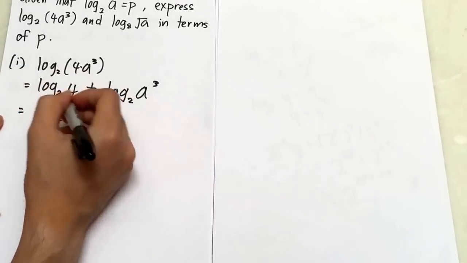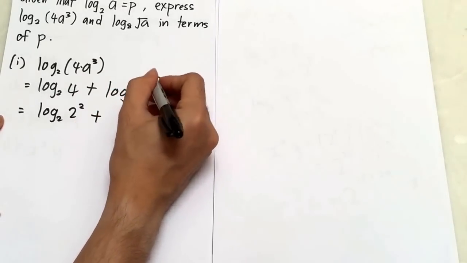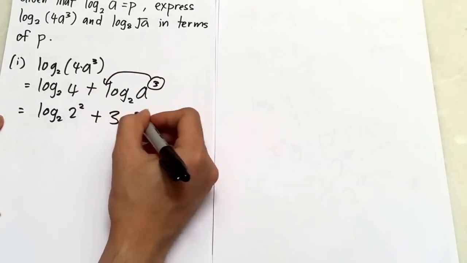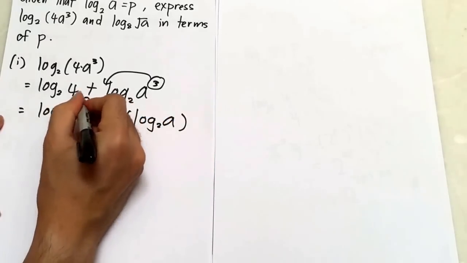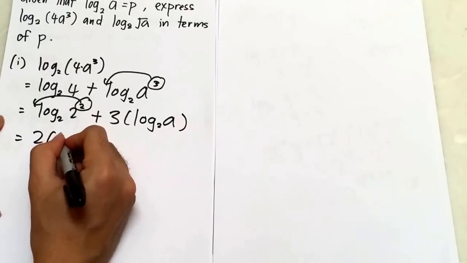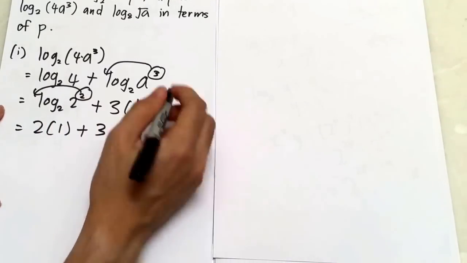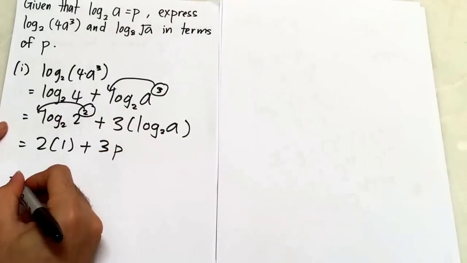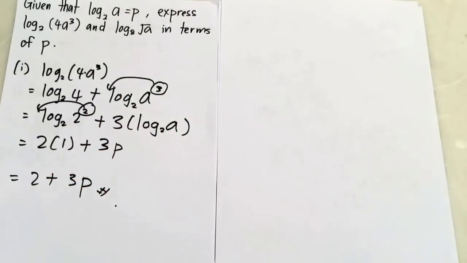Actually I know the whole thing will equal 2, but just to show you more steps. And for this one, the log rule tells us the power we can move in front. This is 3 log 2a. Power you can move in front, isn't it? So this is 2 log 2 equals 1, plus 3 log 2a equals p. So the answer equals 2 plus 3p. Simple for the first one.